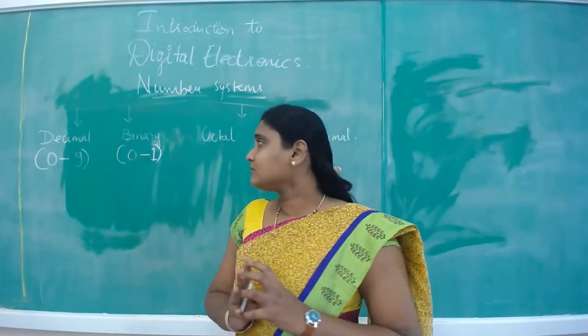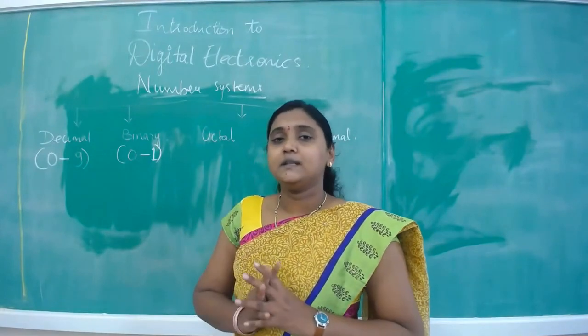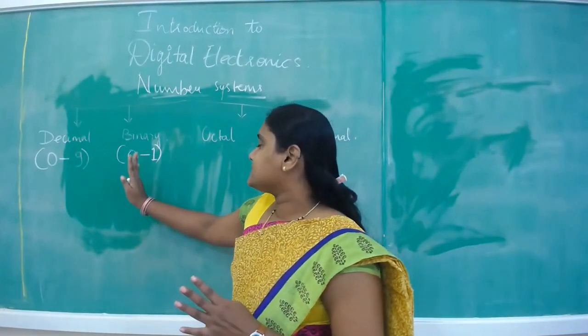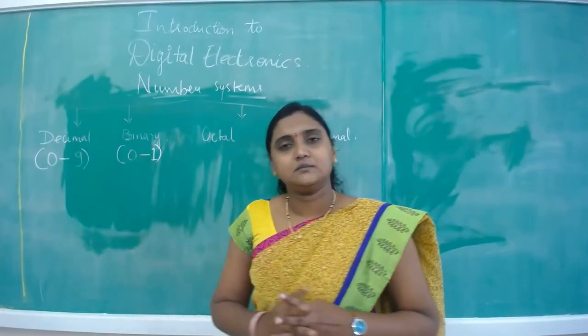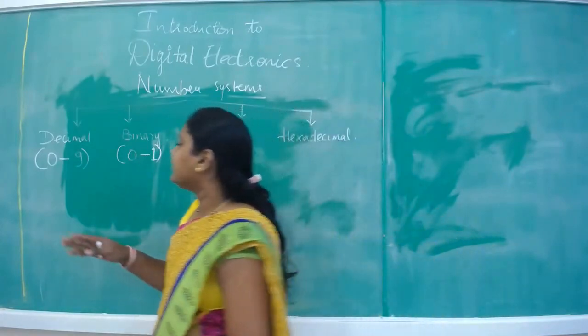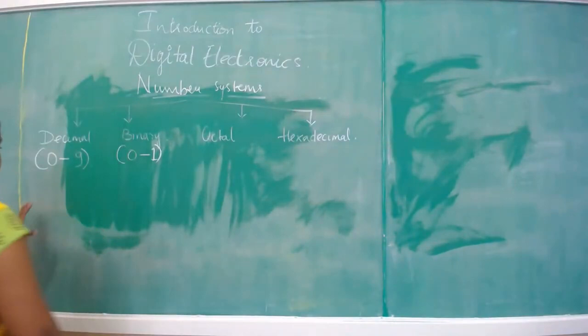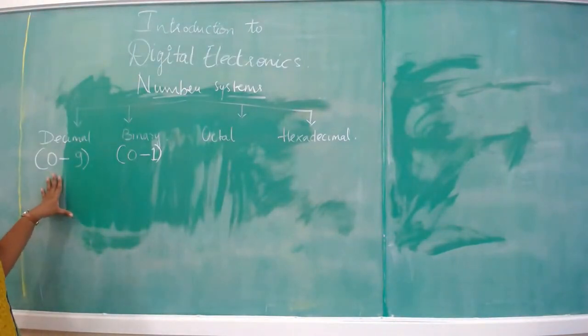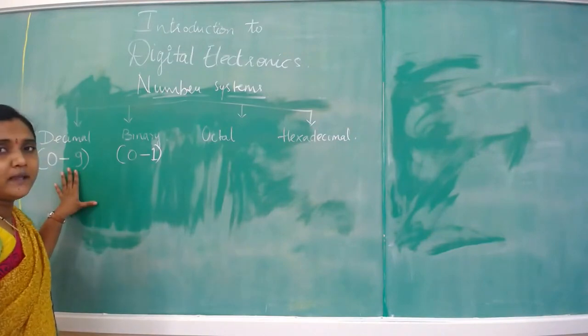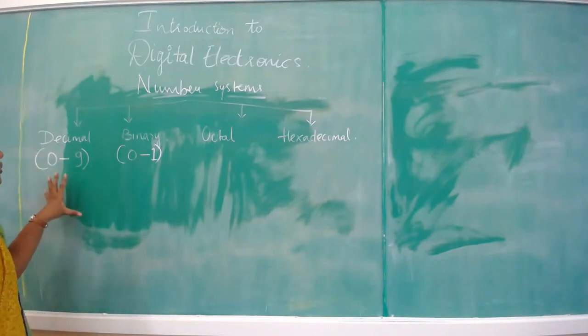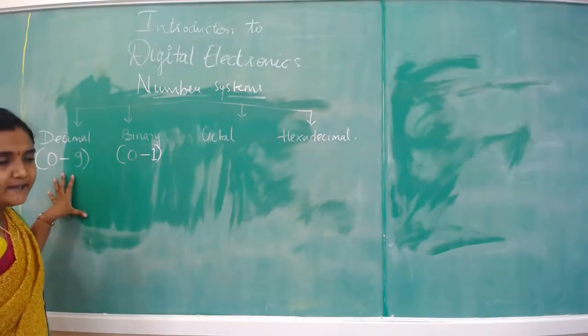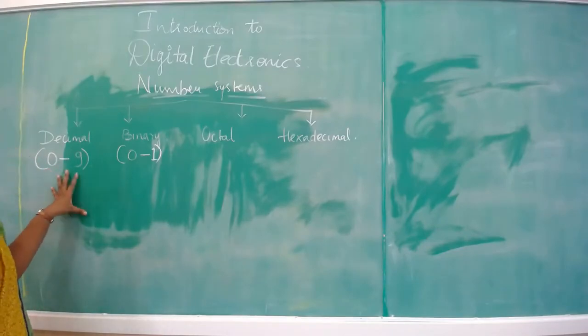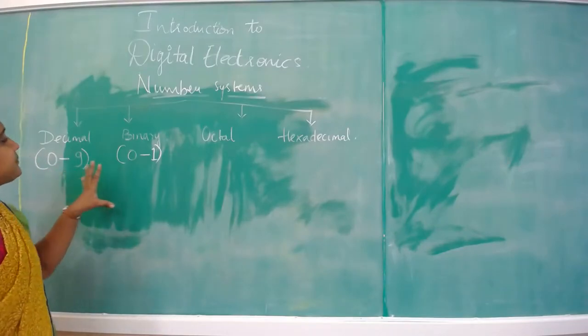So the decimal number system has 10 discrete symbols, from 0 to 9, from which we can form any decimal number, the most commonly used in our daily life because we have been practicing it for years and years.